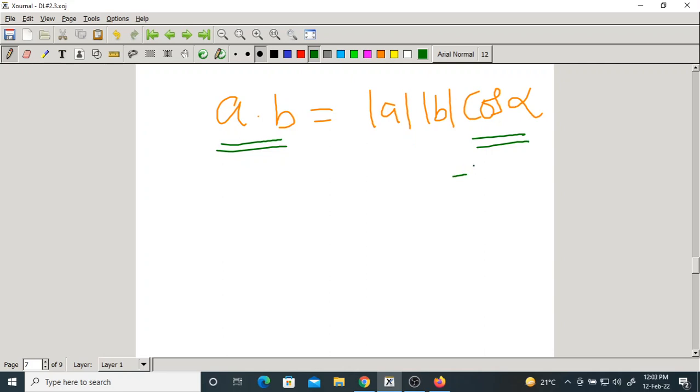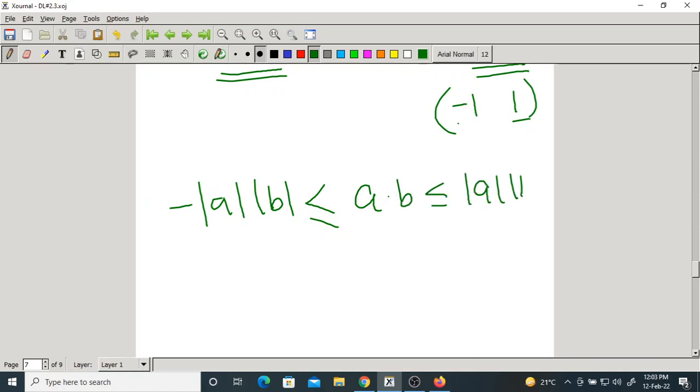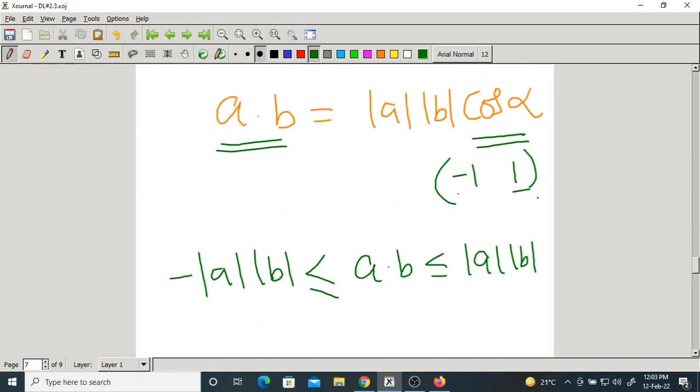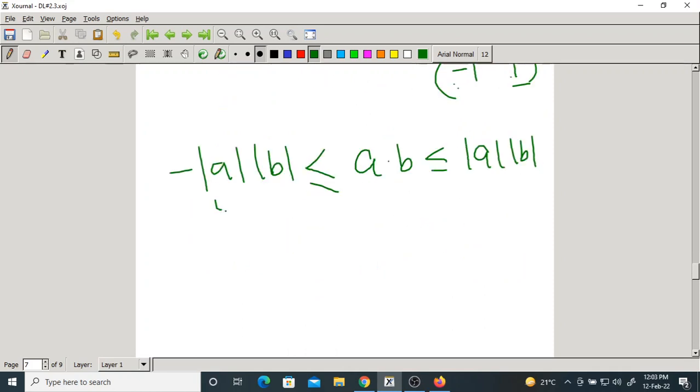It is between -1 and +1. The minimum is -1, the maximum is +1. So the range of a dot b is minus mod a mod b less than or equal to a dot b less than or equal to mod a into mod b. Is it okay? Because if cos alpha is -1, its value is minus of mod a into mod b. If it is 1, it is mod a into mod b. Suppose mod a into mod b is some m.